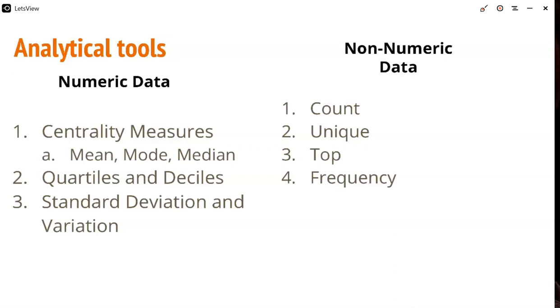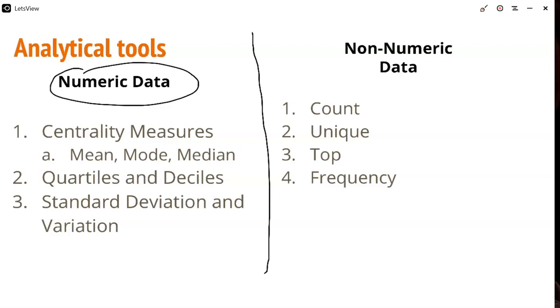And we classified those attributes into two different categories: one is called numeric data and the other is called non-numeric data. The attributes used to describe numeric data that we saw in the last video are centrality measures such as median, mode and mean.